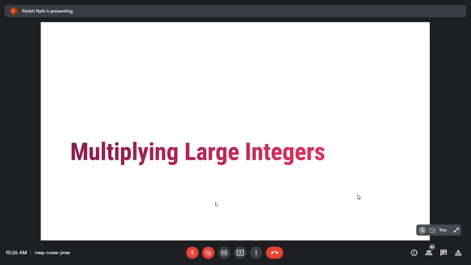Now, normally we perform multiplication using the positional numeral system, which we learned in school for multiplying two numbers. In this method, we multiply the multiplicand by each digit of the multiplier and add up all the properly shifted results.